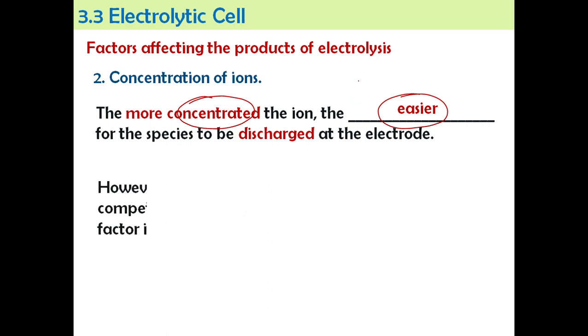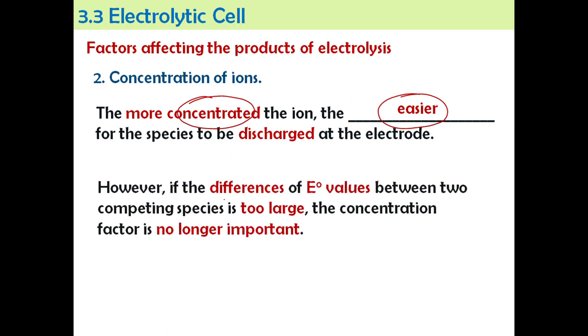Okay, tetapi, if the differences of the E0 value ataupun SRP value for the competing species is too large, the concentration factor is no longer important. Okay, jadi sekarang untuk simplifykan kepada awak, faktor concentration ini biasanya akan melibatkan halides ion.